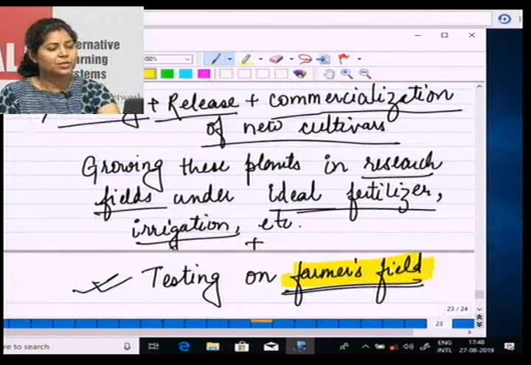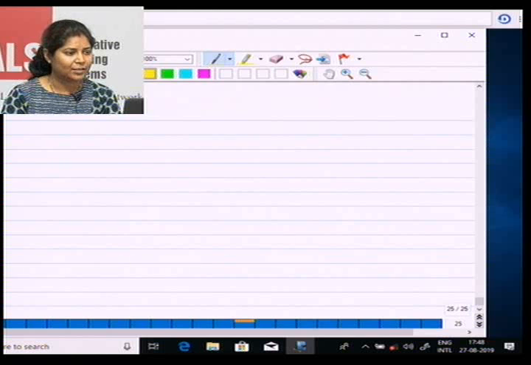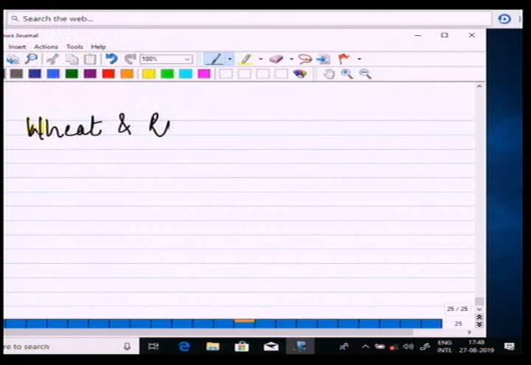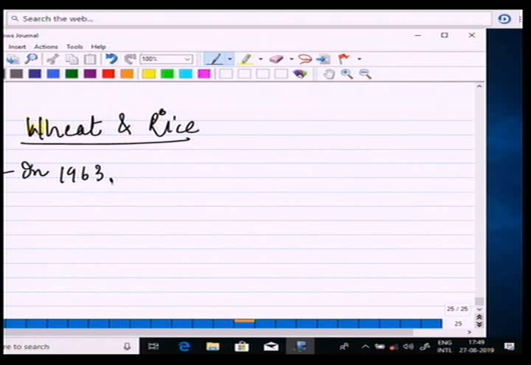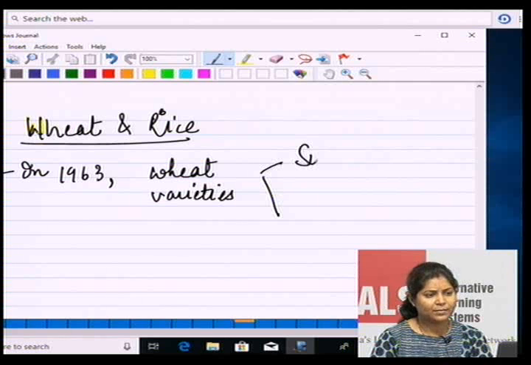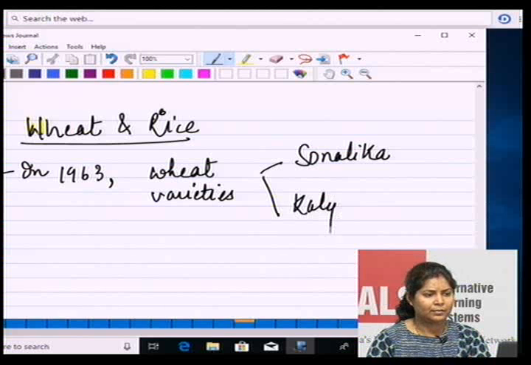Fine. Very good. Now let's see what different varieties of crops we have developed till date. First let us start with wheat and rice. So in 1963, there were two wheat varieties which were grown. What were they? Sonalika and Kalyan Sona.